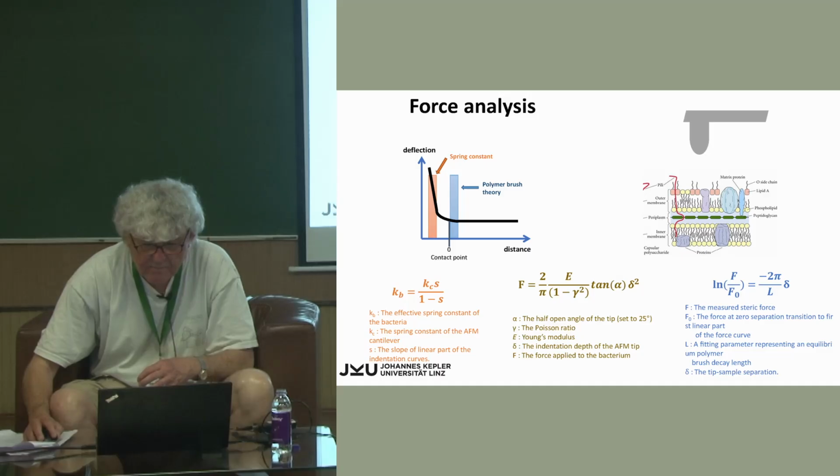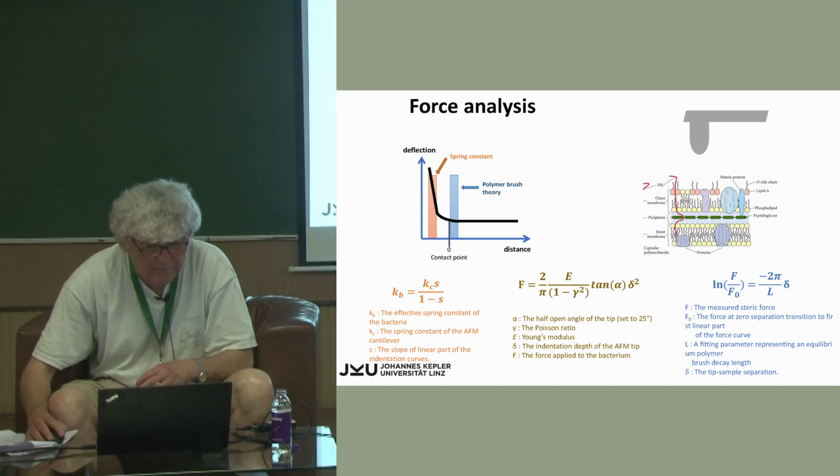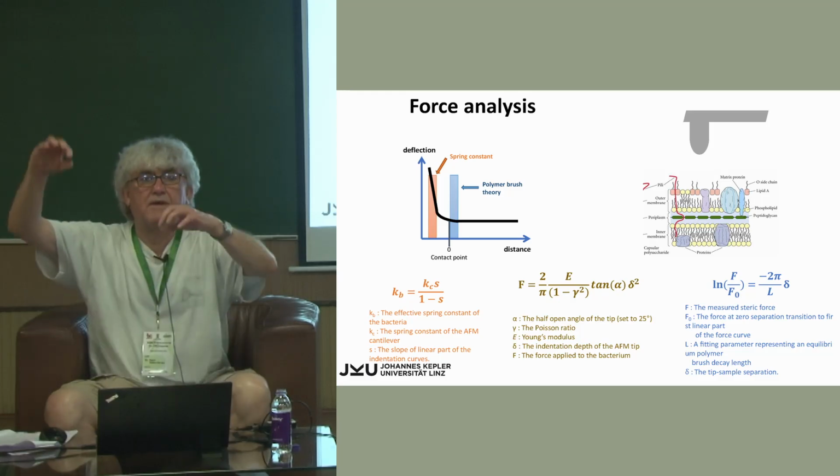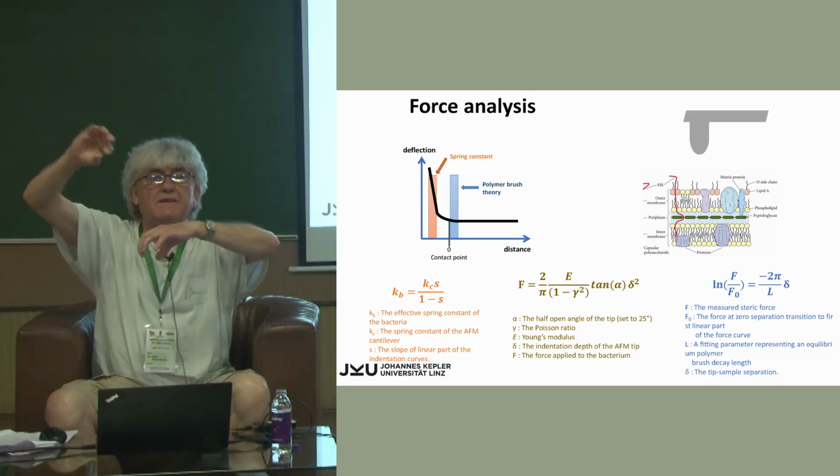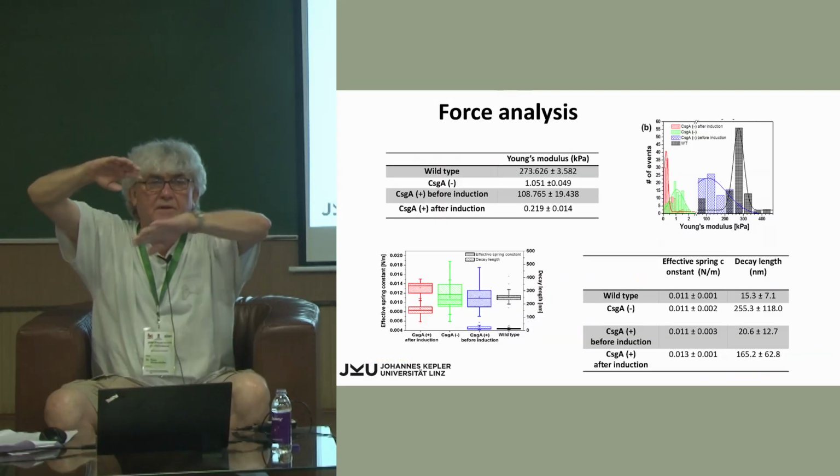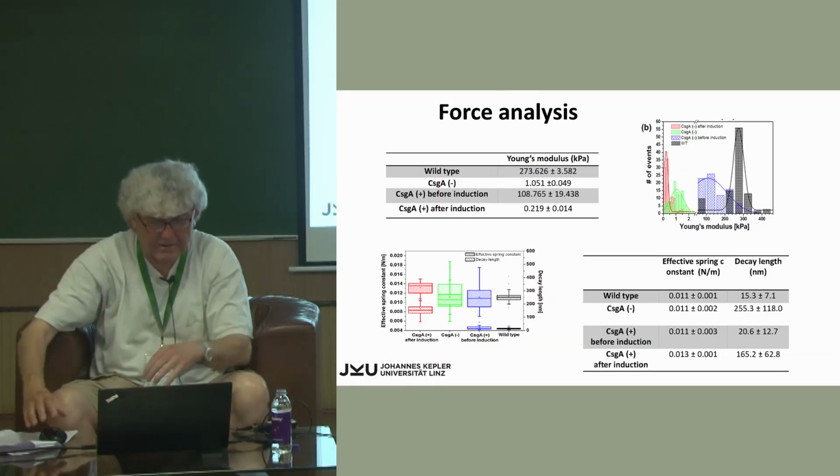There is one model for polymer brushes, then one for the nonlinear regime, which gives elasticity like Young's modulus, and the last one, the linear regime, can simply be modeled with two springs: the spring of the bacterial membrane and the spring of the cantilever.